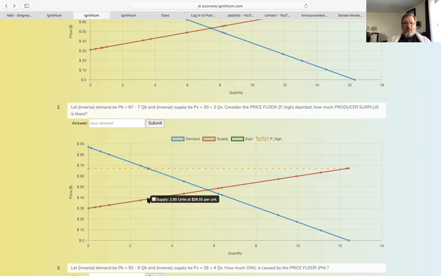So I'm going to do minus 38.55. So that's the sum of the two bases, and I get 65.55 for the sum of those two bases.